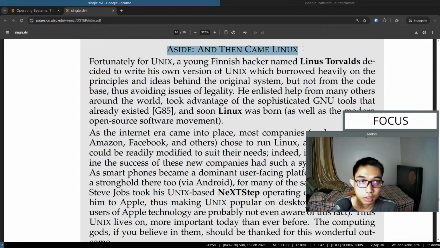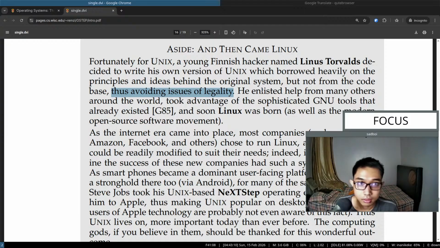And then came Linux. Fortunately for Unix, a young Finnish hacker named Linus Torvalds, I'm not sure how to pronounce this, decided to write his own version of Unix, which borrowed heavily on the principles and ideas behind the original system, but not from the code base, thus avoiding issues of legality.